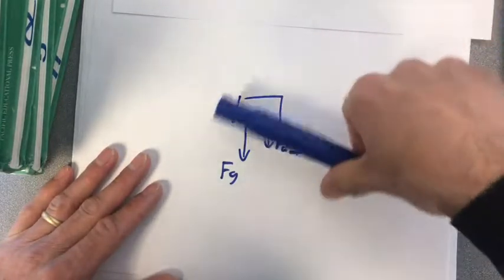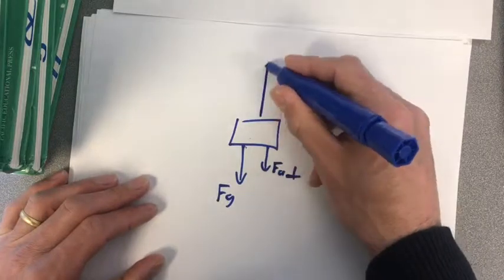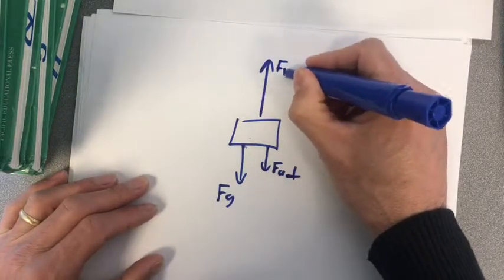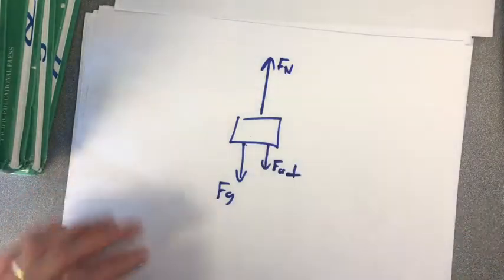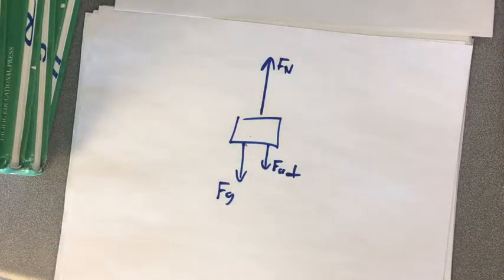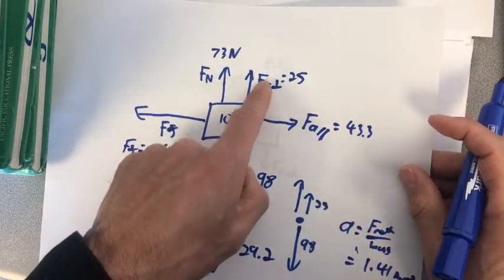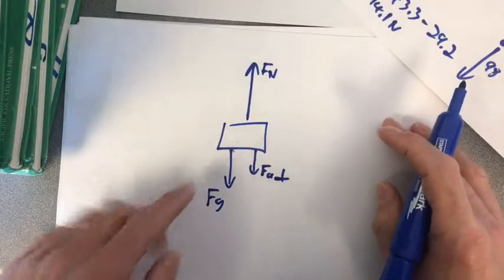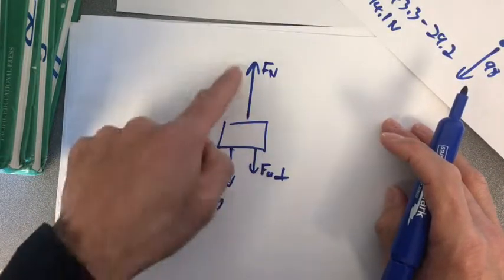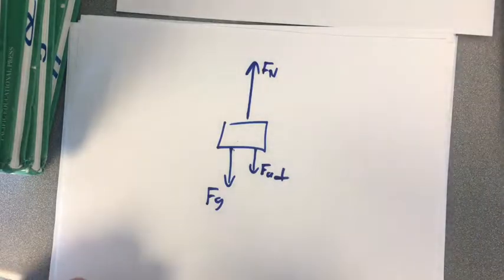Now it's going down because I'm pulling it on an angle downward. The normal force will actually be greater because it now has to combat gravity and the applied force. In the previous example, the normal force plus the applied force was equal to gravity, but now gravity plus the applied force is equal to the normal force. It all depends on which way we're pulling or pushing.